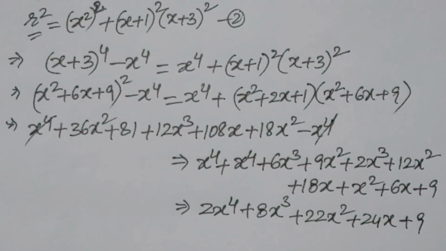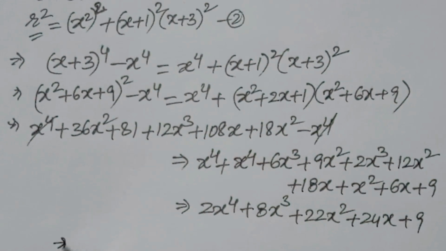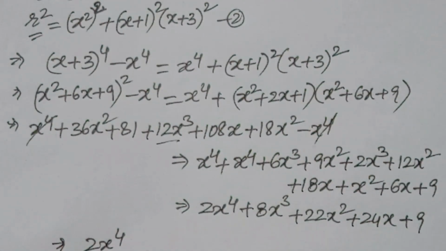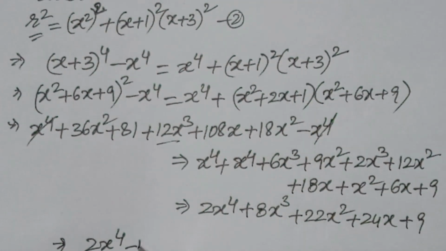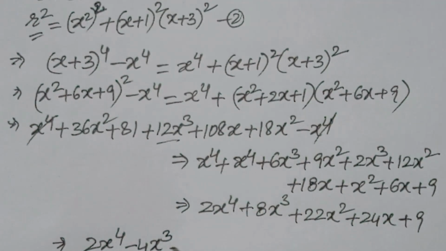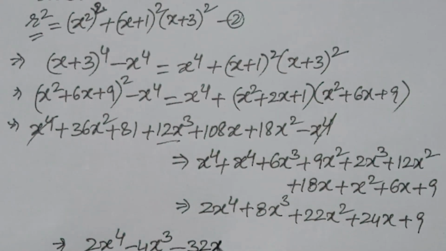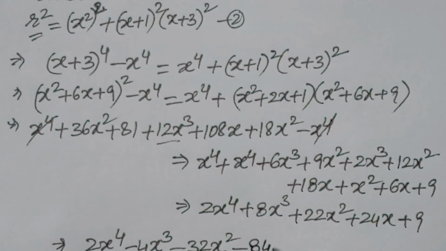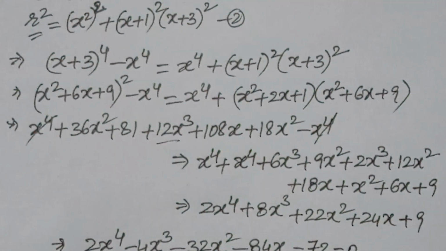Now we are sending all the terms to one side. 2x to the power of 4, here 12 minus 8, minus 4x cube minus 32x square minus 84x minus 72 equal to 0.